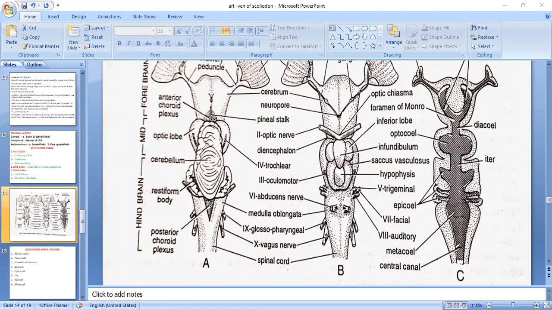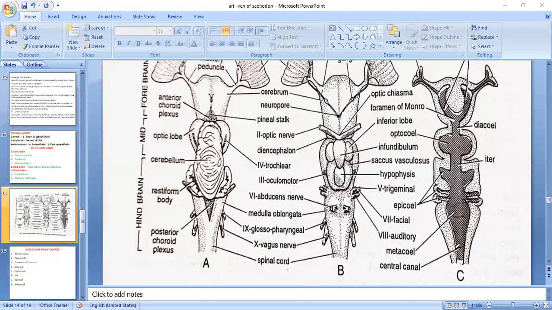Two dorsal grooves, this one and this one, divide the cerebellum into three parts, and at the postlateral region of the cerebellum one pair of restiform bodies are present, whose function is not clear or unknown.